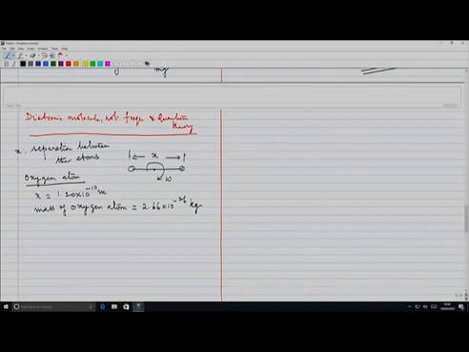This data is also given. Now, what are you asked to calculate? You are asked to calculate the rotational frequency.